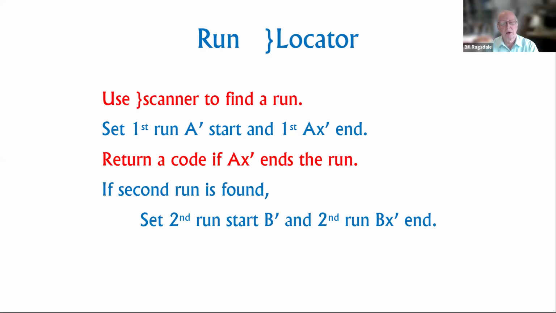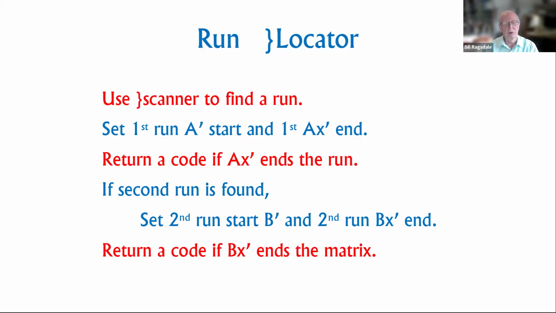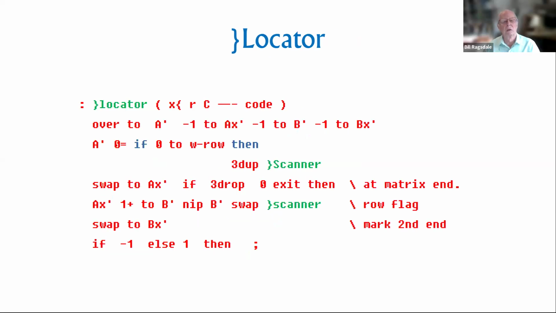If a second run is found, however, then B prime is set to the start of the second run, and BX prime is set to the end of the run, and then there is a return code. So at this point, we know we either have 1 run or 2 runs, and we've identified the start of the first run if it's there, and the location of the second run if it's there. And the code to make this happen.